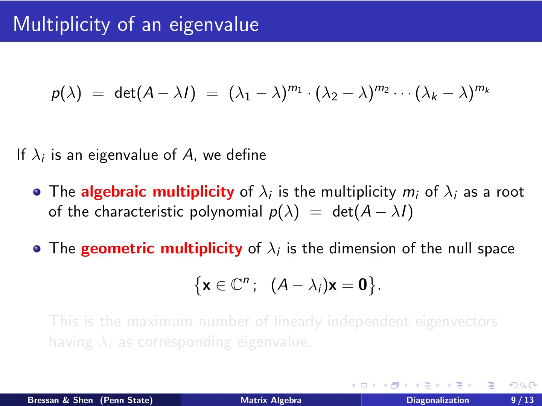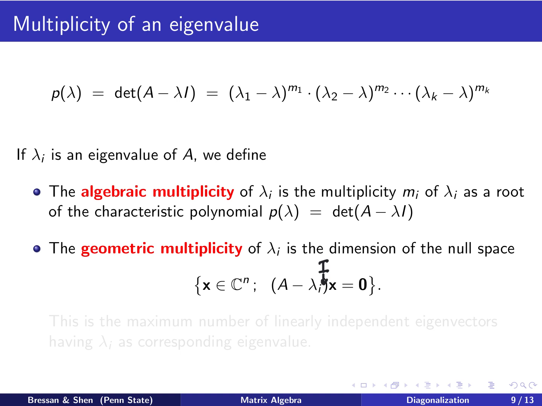A second multiplicity, we call it the geometric multiplicity of lambda i. That would be the dimension of the null space of x in C^n, where the null space is for A minus lambda i times the identity. Sorry, I lost an identity. Okay, so A minus lambda i identity times x equals 0.